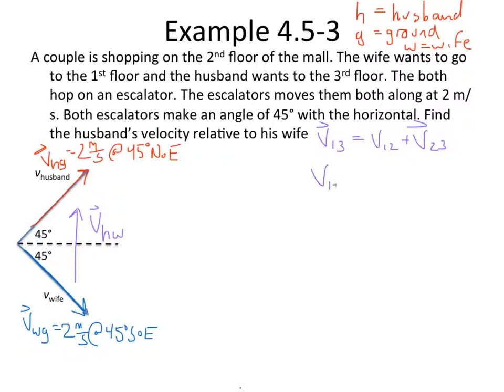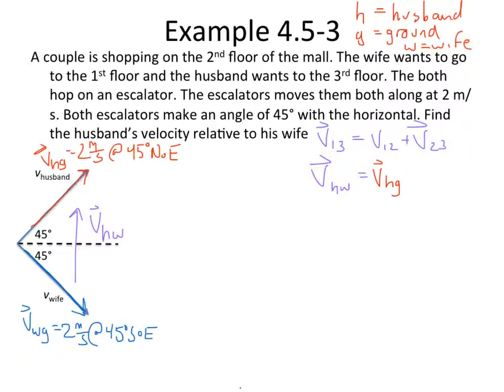Velocity of the husband to the wife. So we can think of that as 1 to 3. The problem is this. We have husband to the ground, right? So velocity of the husband to the ground.